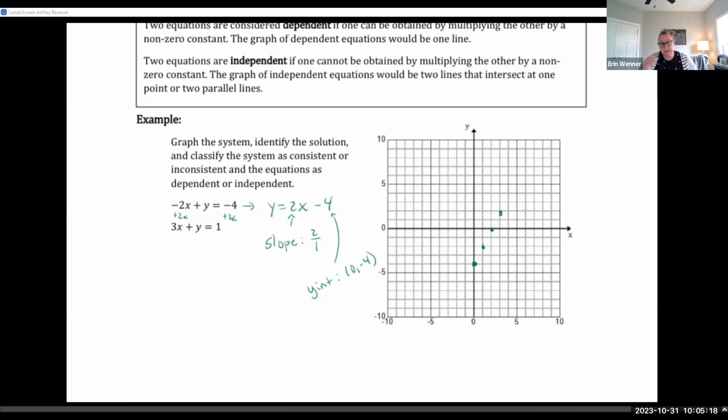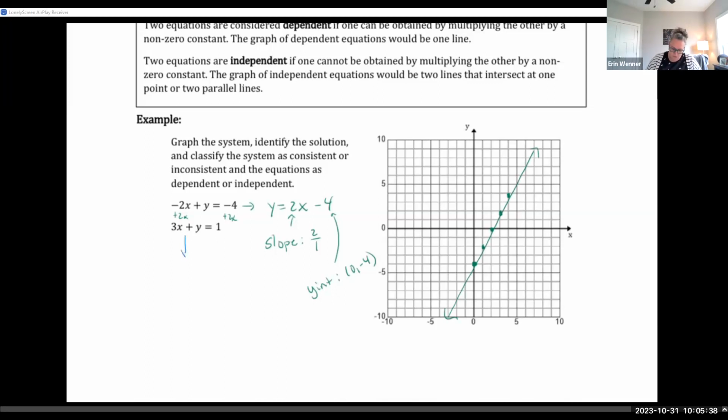And if I keep going with those dots, I can create a nice line that I can then follow. And I can see there is my first line, okay? So once we have that one graphed, then we can graph our next one.